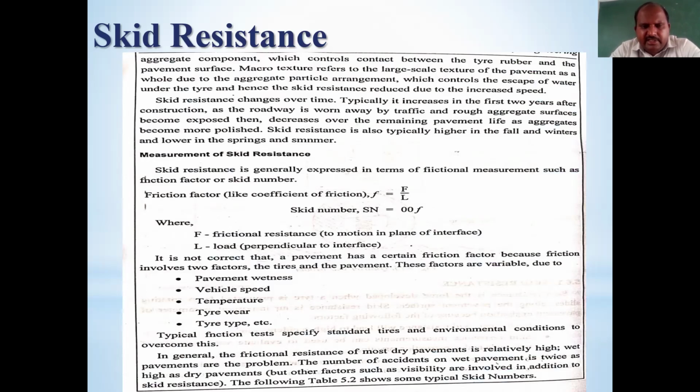In general, the frictional resistance of most dry pavements is relatively high. Wet pavements are the problem. The number of accidents on wet pavement is twice as high as on dry pavements, but other factors such as visibility are involved in addition to skid resistance.